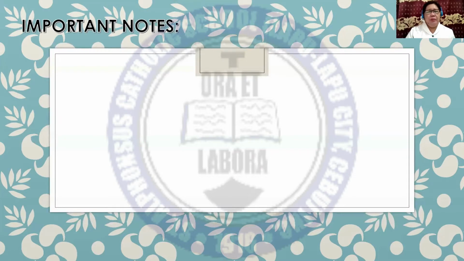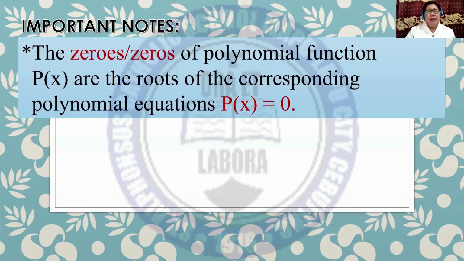Let us have important notes. The zeros, or can be spelled out as zeros without e, of polynomial function represented by p of x are the roots of the corresponding polynomial equations represented by p of x is equal to 0.